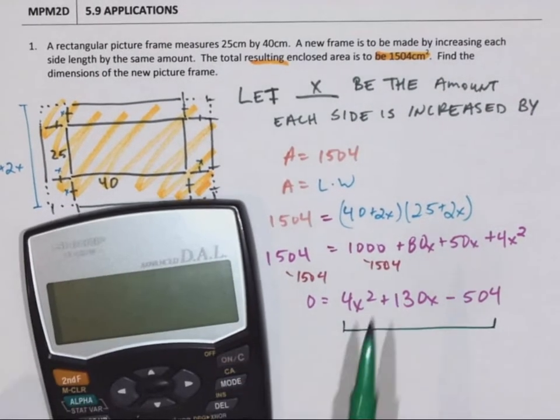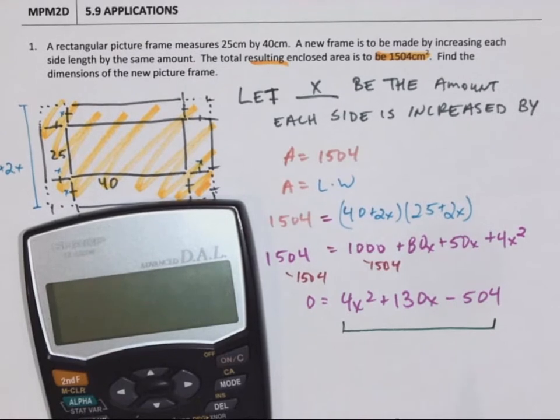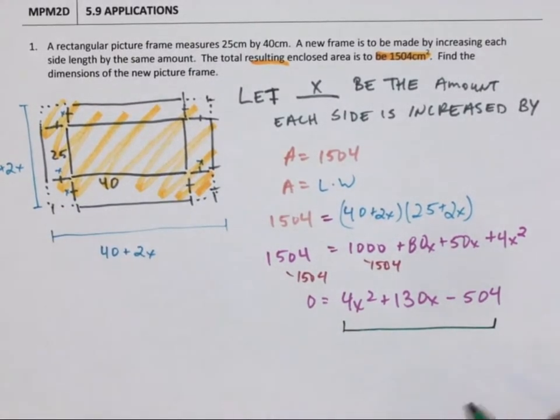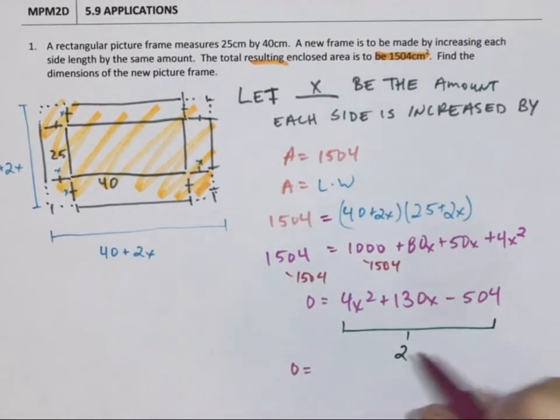If you're not sure, check. 130 divided by 4 is, ooh, decimals, 32.5. Well, they're all even, so we can at least take out 2. Factor out a common factor of 2.